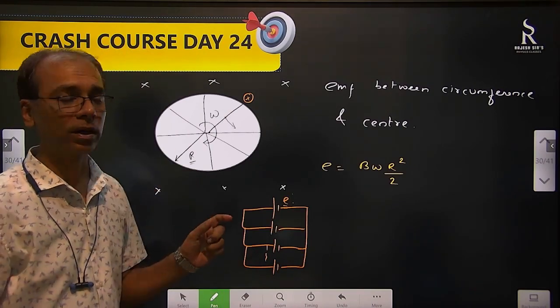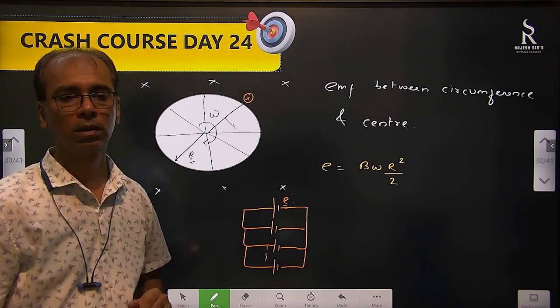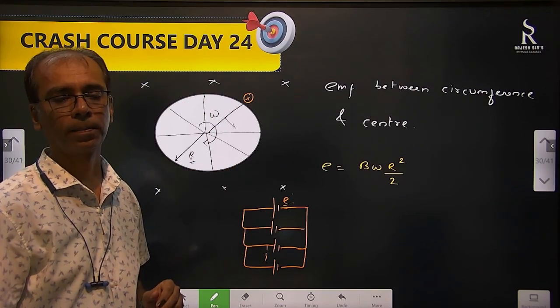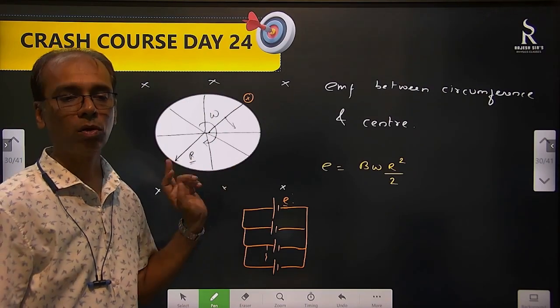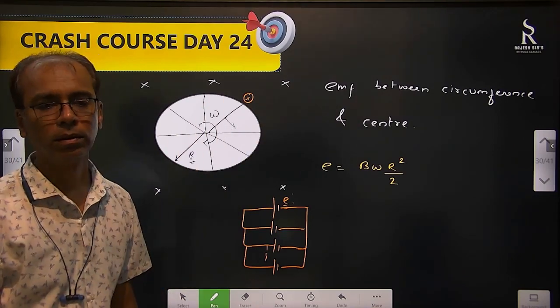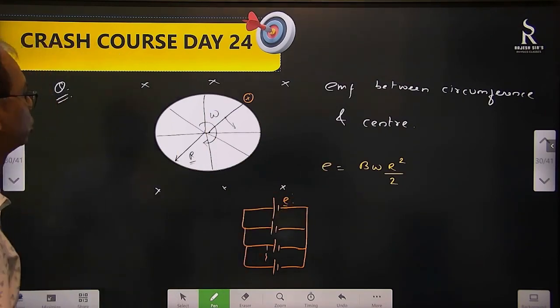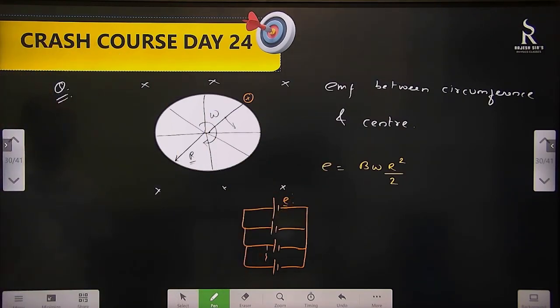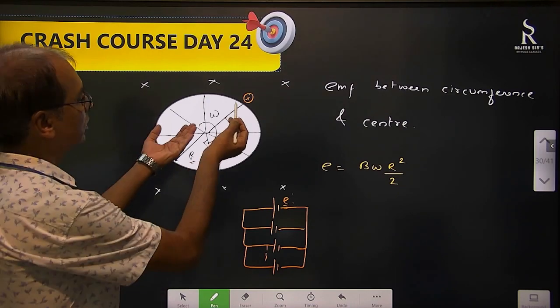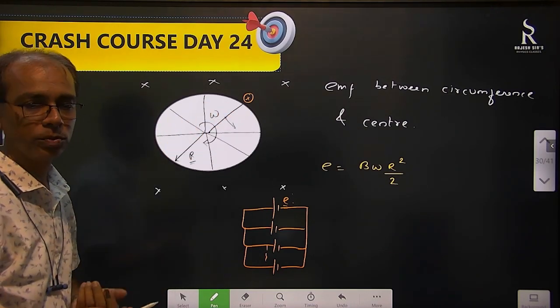This is the EMF across every single spoke of this disk, and that is also the EMF across circumference and the center. Clear? E is B omega r square by 2. Remember that. Sometimes you are also asked which end is positive, which end is negative, which end is higher potential, which end is lower potential. So you should be able to find it.